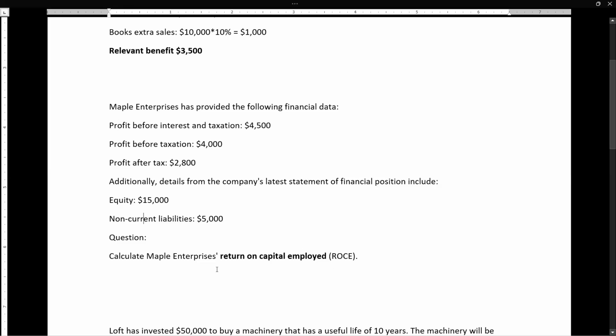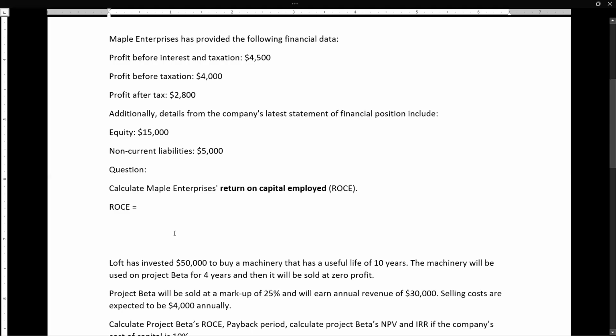When we are talking about return on capital employed, we are talking about all capital employed, so not only equity, but also long-term debt. So this means that we're going to divide by the sum of equity and non-current liabilities.